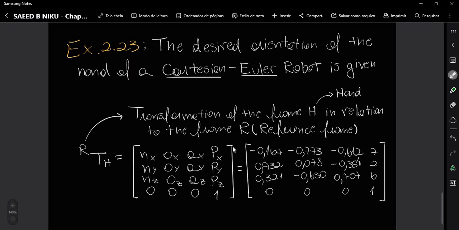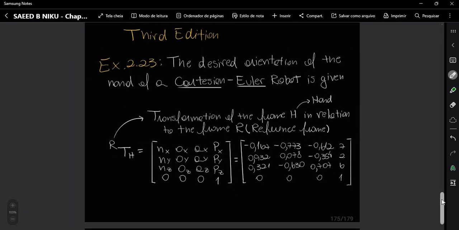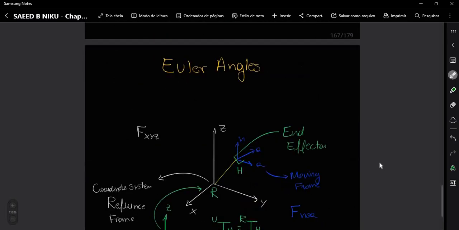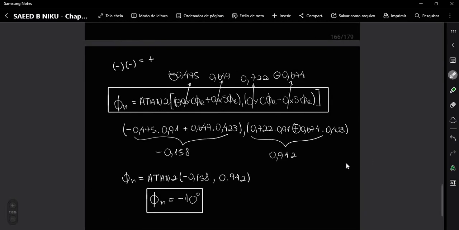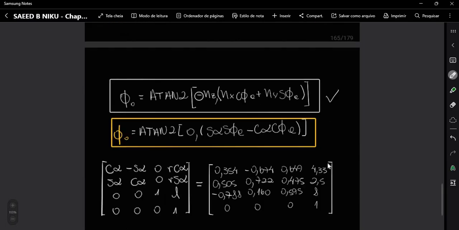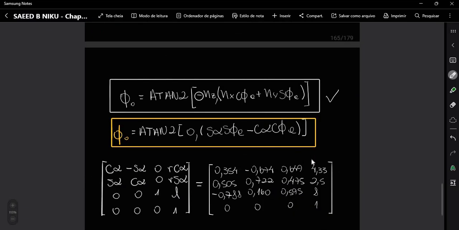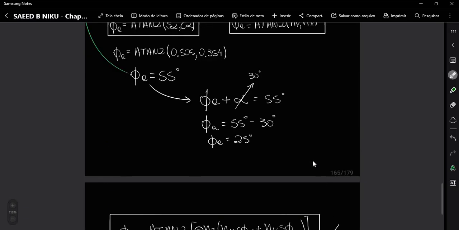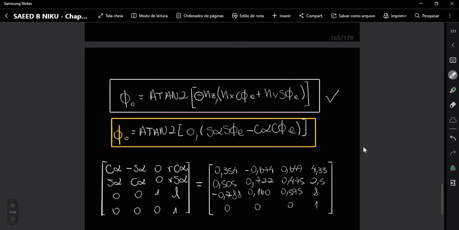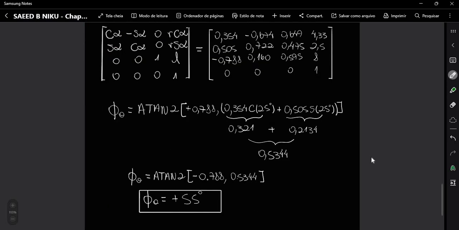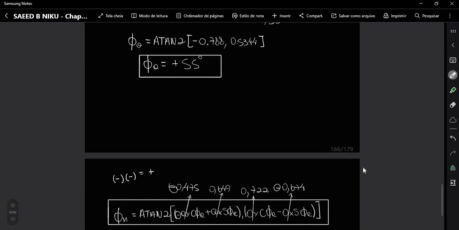I was able to find only two solutions. I found the alpha angle, and we use the alpha angle to try to solve at least the phi angle, we were able to find the phi a angle, but phi o and phi n, I wasn't able to find the correct answer.